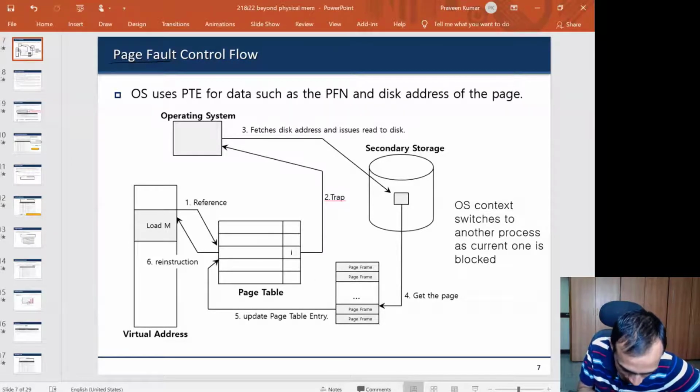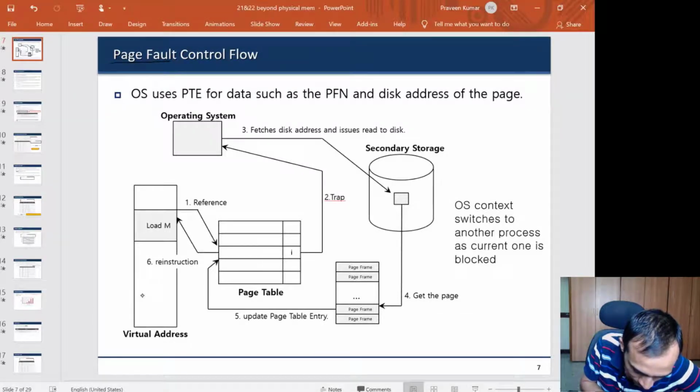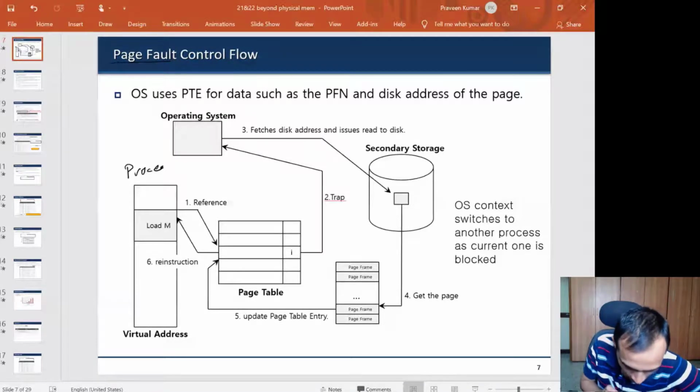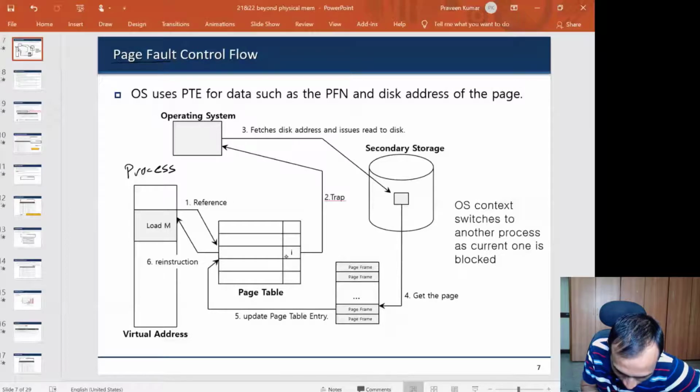Let us say your process was running, and it made a memory reference from some location. Our hardware will look into the TLB, and if the entry was available it will directly access it. If it was not available, it will go and look into the page table.